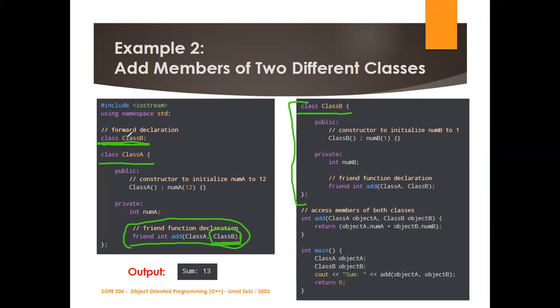So that's why we make a forward declaration. Previously we just declared that we are going to use class B. This is why we put class B here, because before the definition of class B, we are using it here.